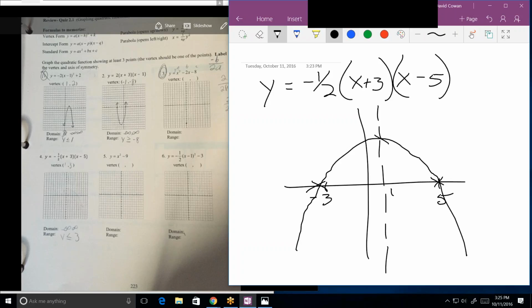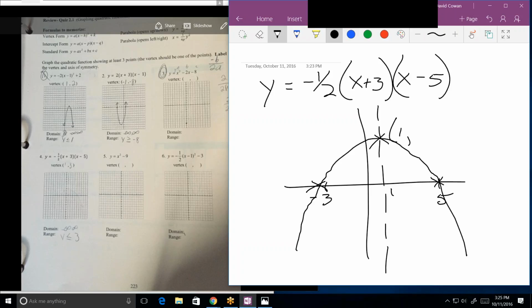I don't know that point yet, but I know a lot about it. Its x-coordinate is 1. What's its y-coordinate? How are you going to get it? Plug in 1 for x and figure out what y is.